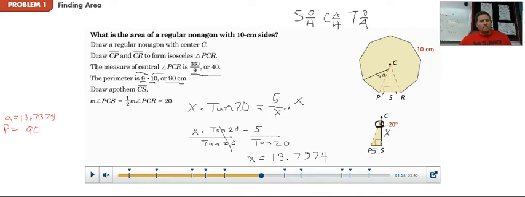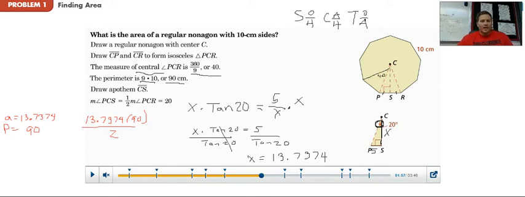Well, my formula is apothem times the perimeter, and I can either multiply it by 1/2 or just divide it by 2. So I get that 13.7374 times 90, and then I'm going to take that and divide it by 2.